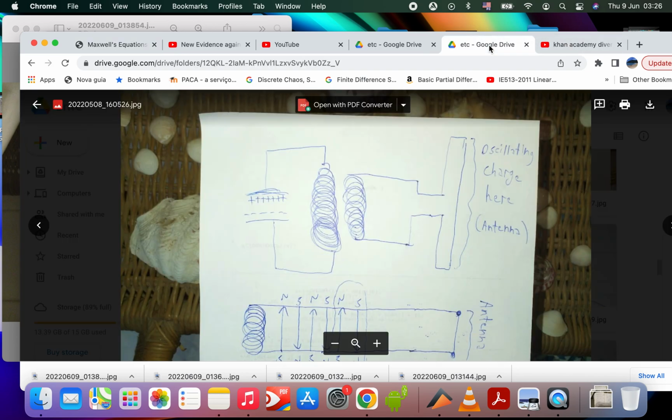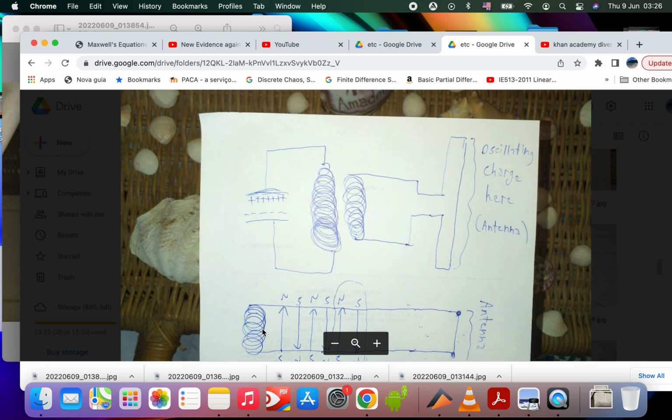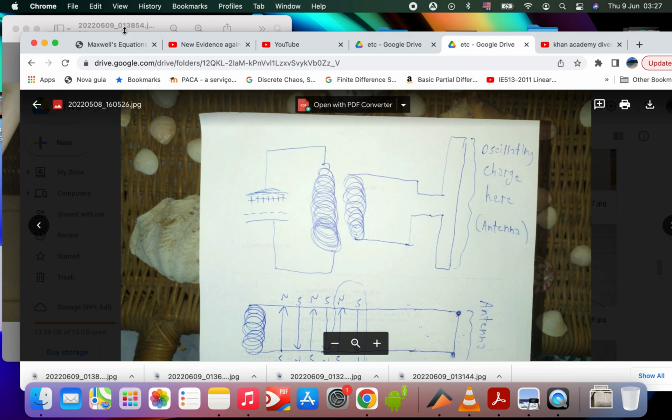So I'm laughing because I'm saying that there's this train of north and south poles going to the antenna, but what we really know is that there's a train of oscillating charges. So it's going to be a very good exercise to formalize all this in a computational example. But I'm going to promise that for next time, because I really have to do the computation before I have the full-blown computational example for you.